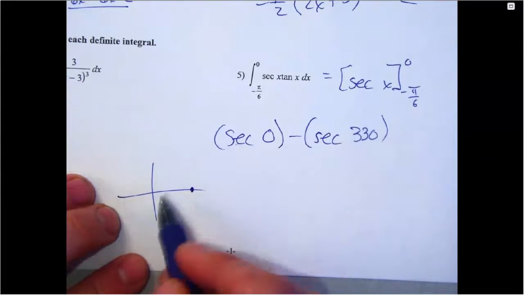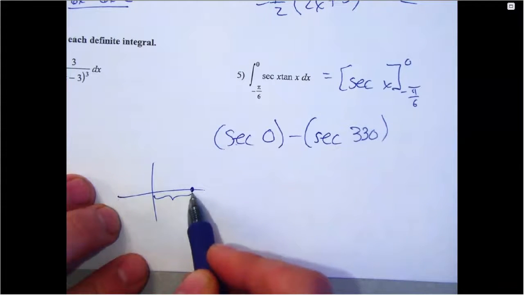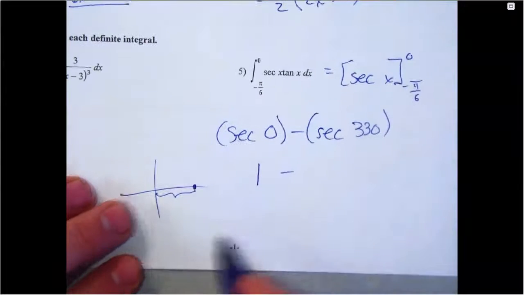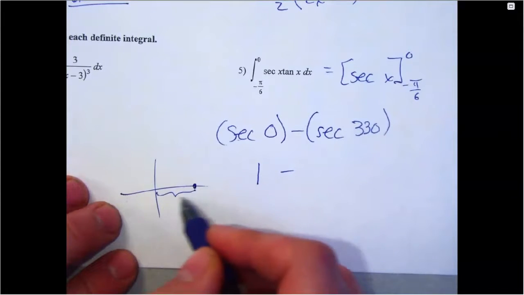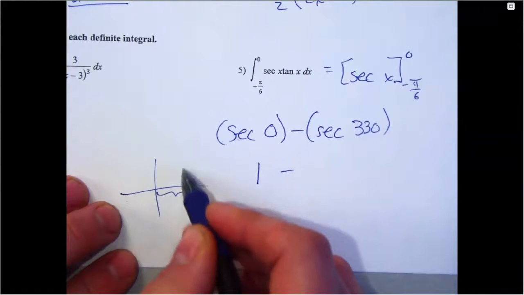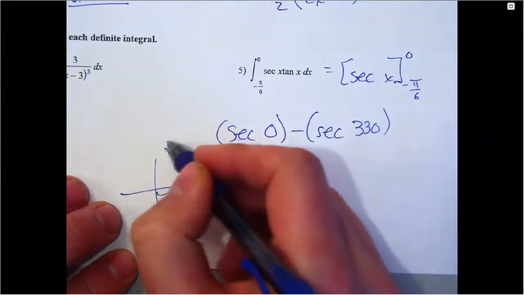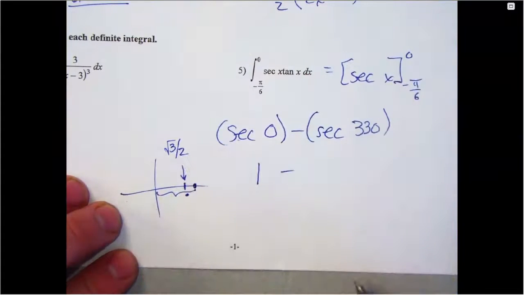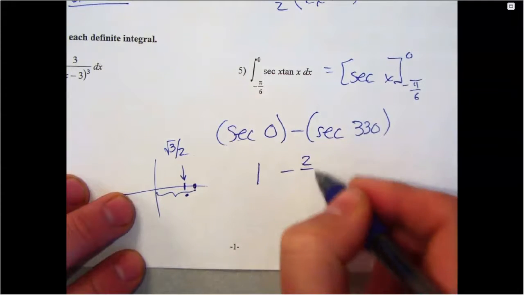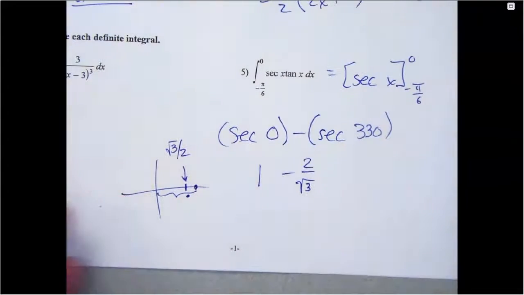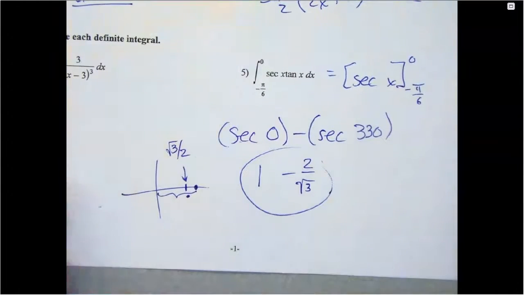At 0 degrees, my x value is 1. Flip that over, it's still 1. At 330, the x value is square root of 3 over 2, but secant flips it over. So it's 1 minus 2 over root 3. And then you're allowed to leave it there. Some people did some simplifying, but I think you're probably best off just stopping right there.